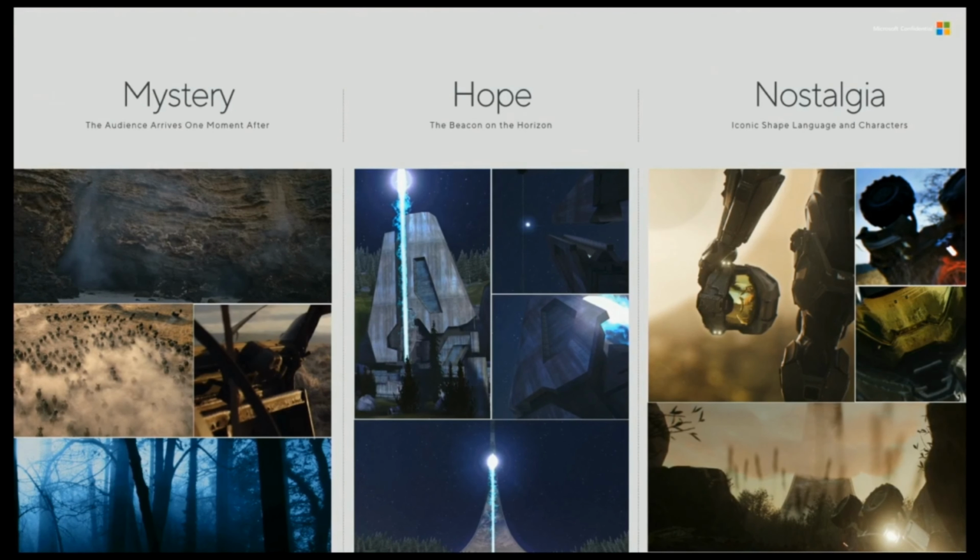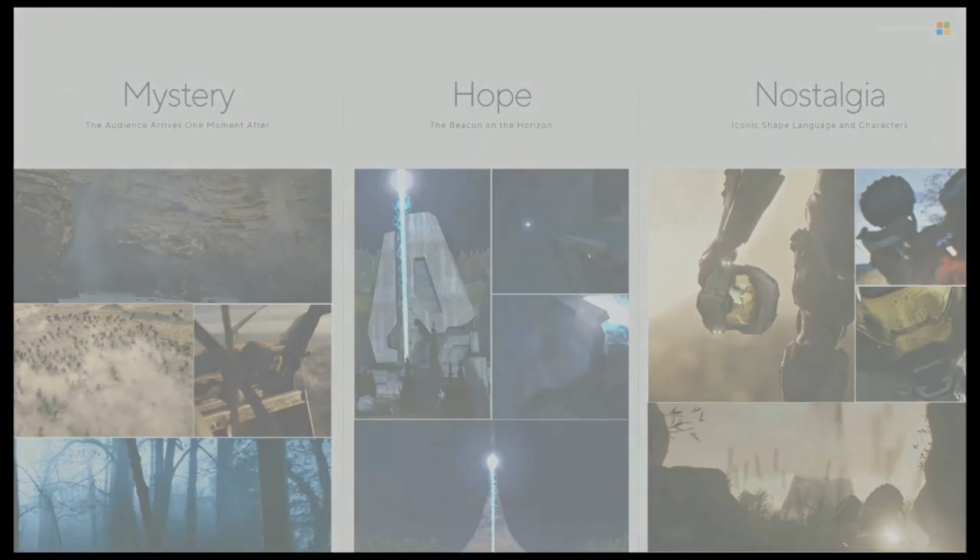Hope was the beacon. Nostalgia is seeing parts of the UNSC architecture, whatever that ended up being. We didn't specifically know when this exact slide was made, but essentially the iconic shape, language, and characteristics of Halo being unveiled as the trailer progressed.